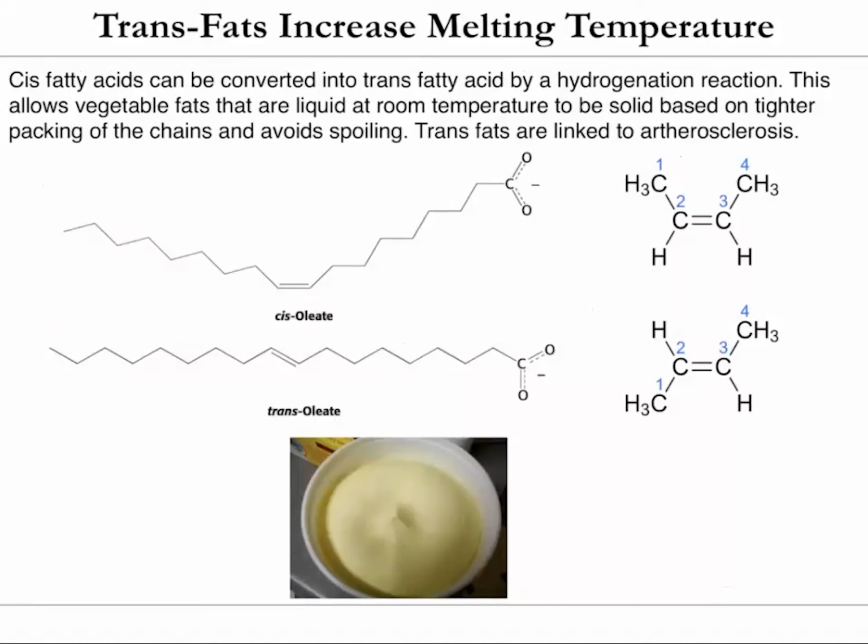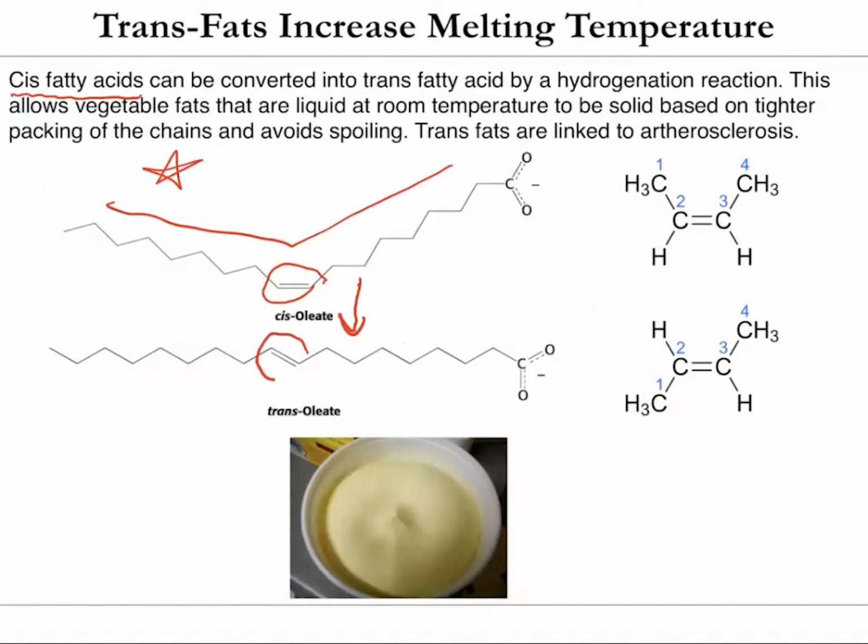So what about these trans fatty acids? You've probably heard the term trans fats before. Basically, these cis fatty acids, like you'd see here, that have this double bond and the kink in the chain, can be converted through a process called hydrogenation into trans fatty acids.